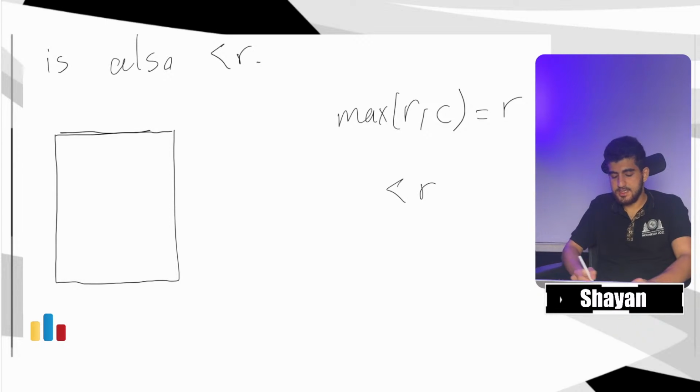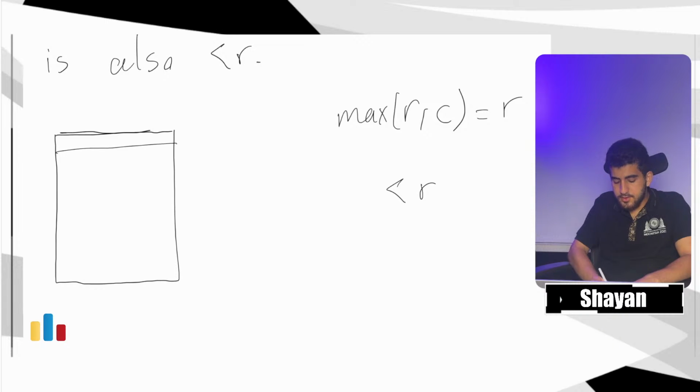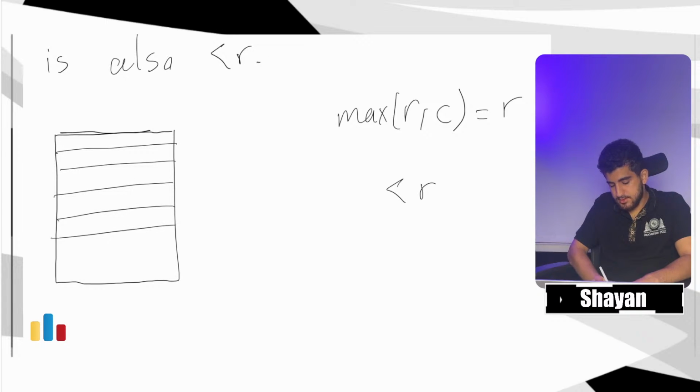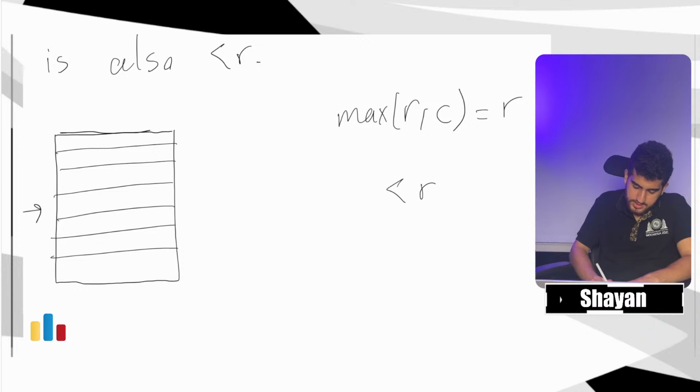It means that at least one of the rows is not covered by the subgrids that we choose. At least one of the rows is not covered by any of these grids that you choose.